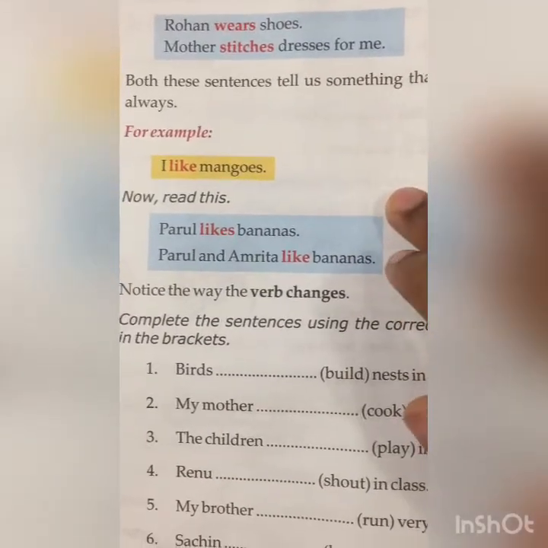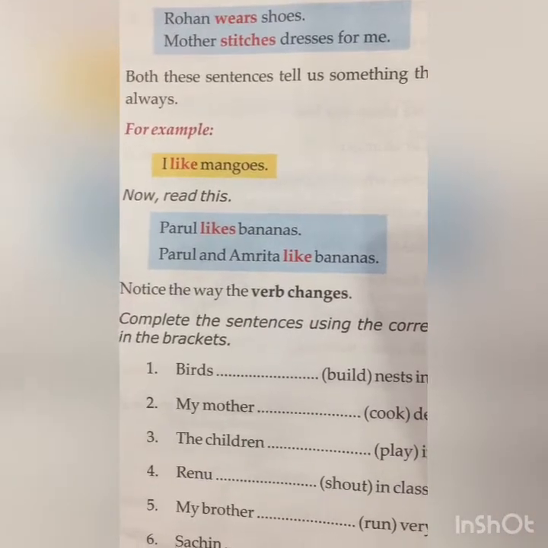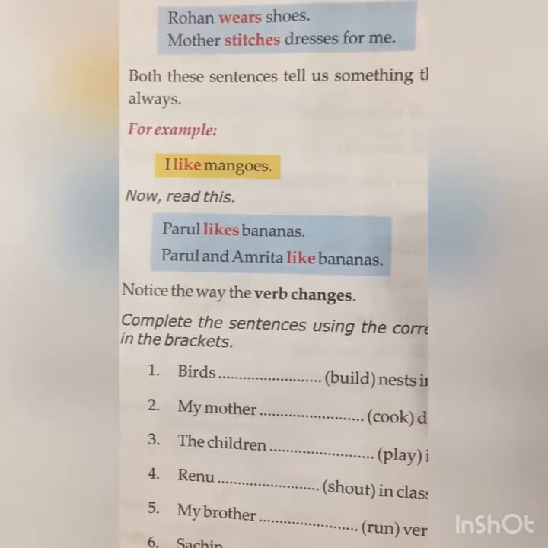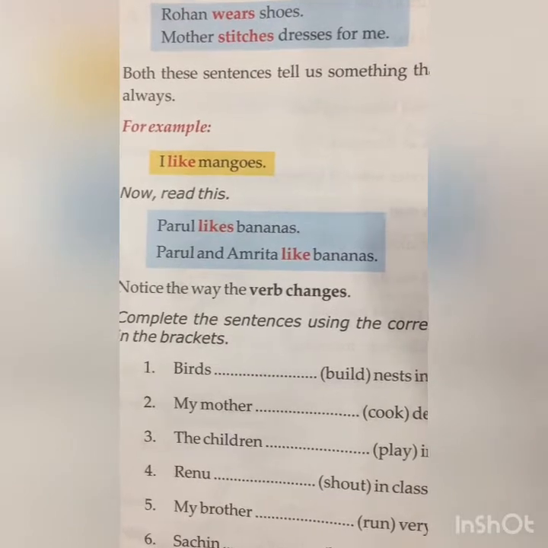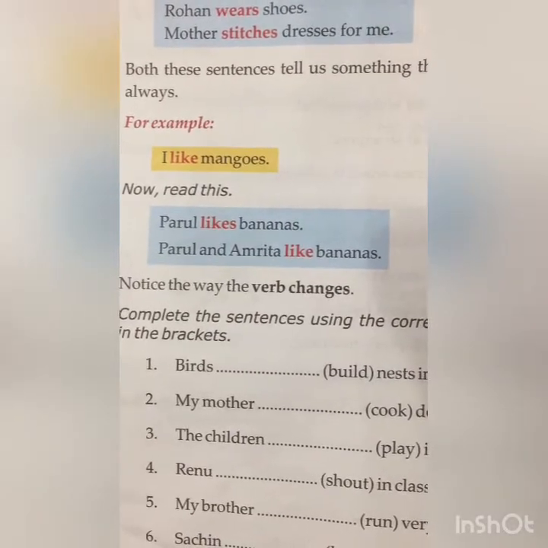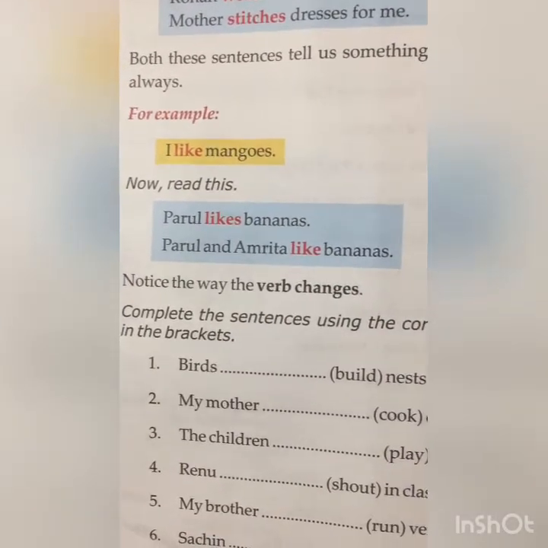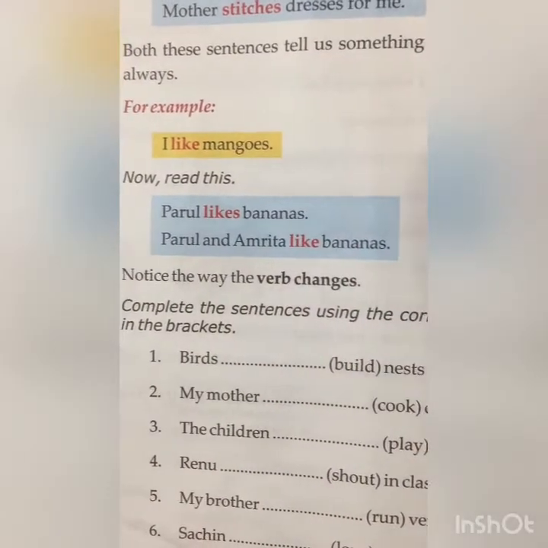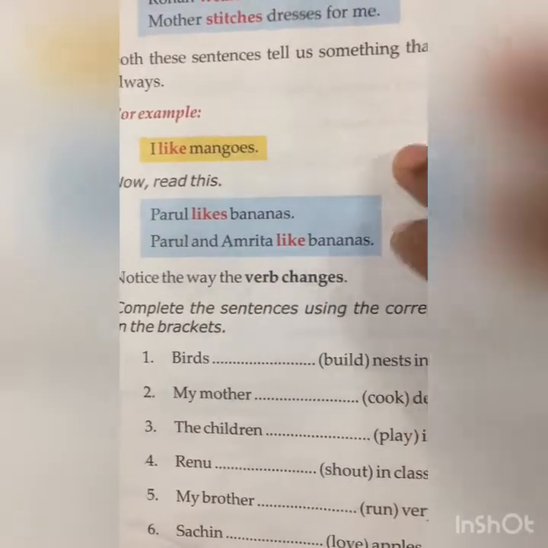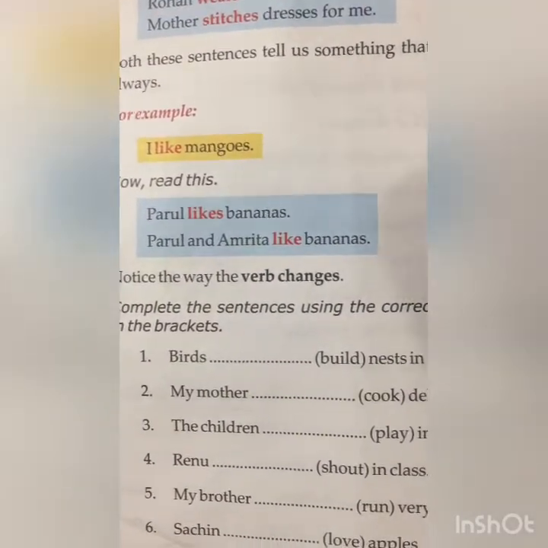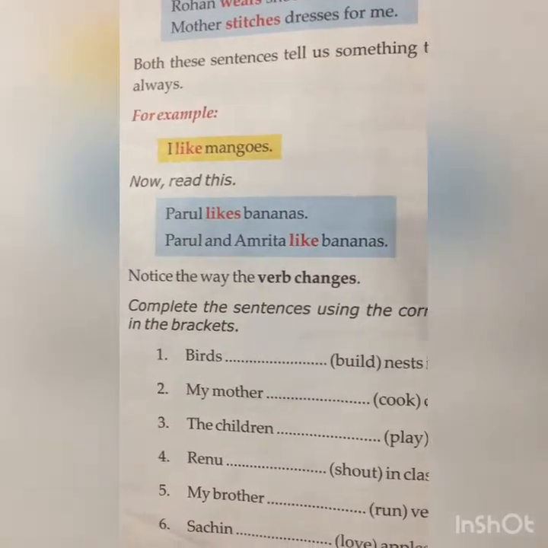For example, I like mangoes. Here, I like mangoes means I always like mangoes. That does not change, right? So these sentences are called simple present tense.